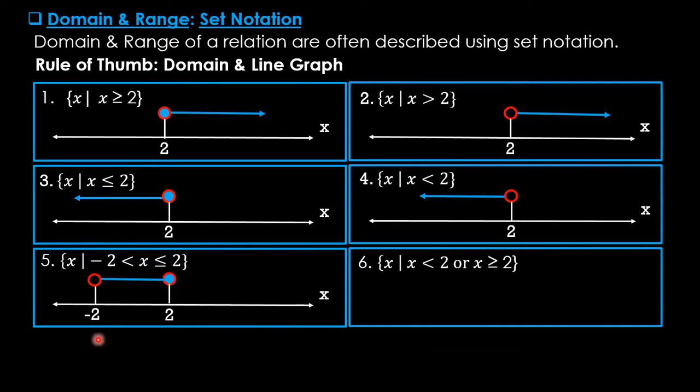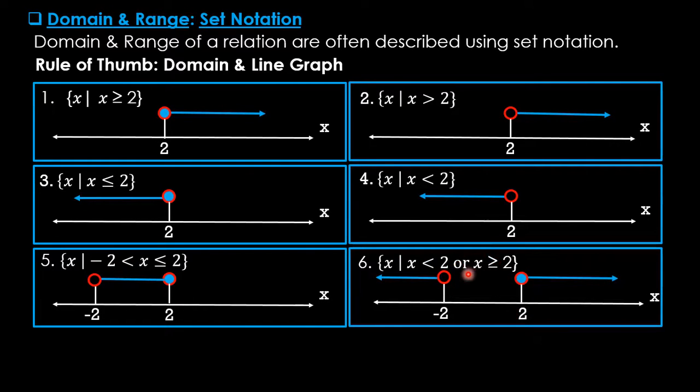So this is x greater than -2, so the point -2 here, and x less than or equal to 2. The point positive 2 is included, that's why this is a solid circle, but this one is empty because -2 is not included in this domain.